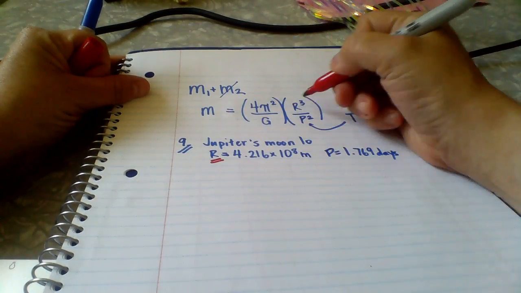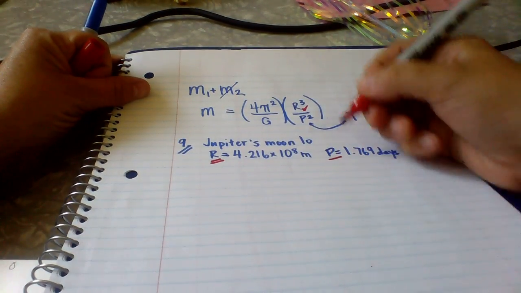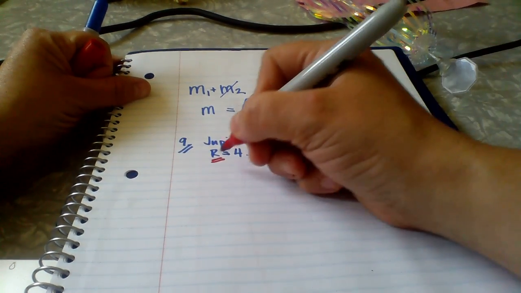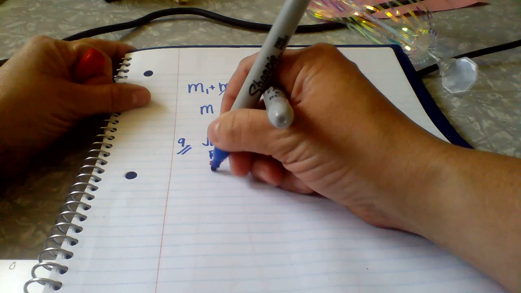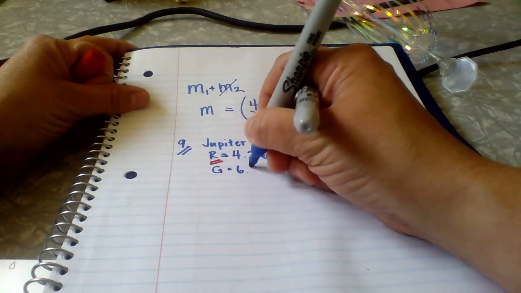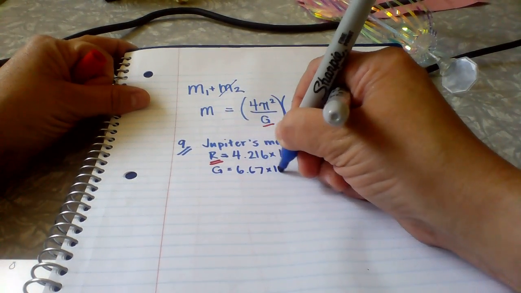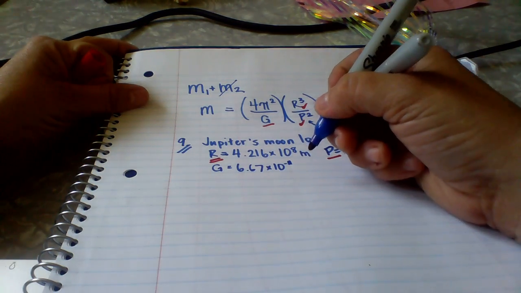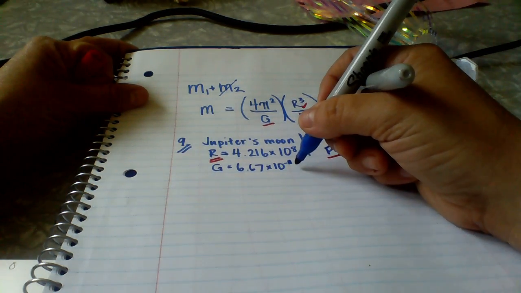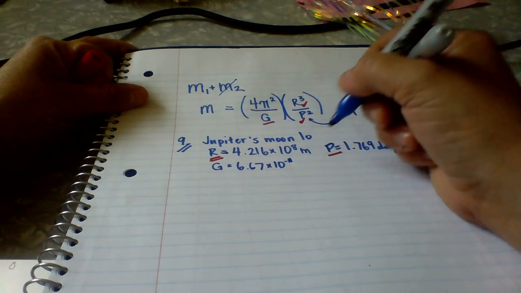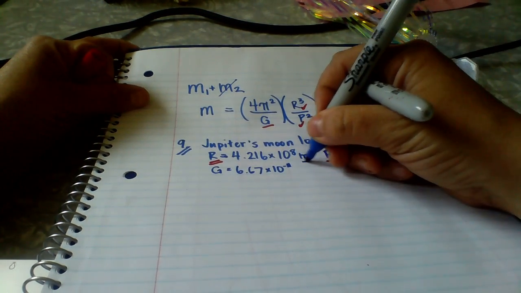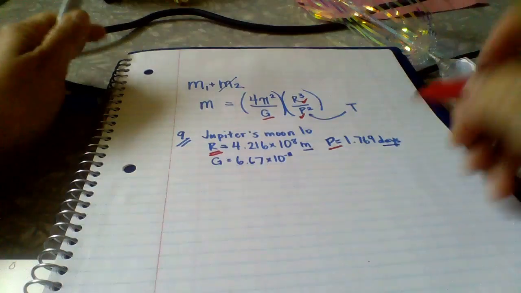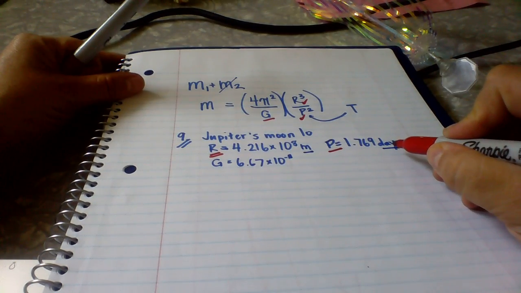So we have R, check. We have P, check. Now we know G is a constant. We know that G is always 6.67 times 10 to the negative 11. When we're looking at the units of this universal gravitation constant, one of the things to note is that all of the other units that we're dealing with have to be SI units, and days are not the SI unit for time.